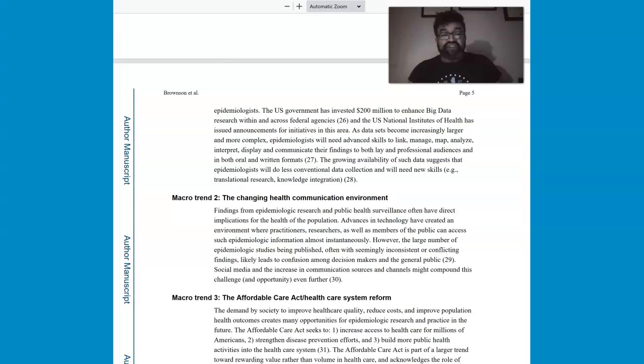Macro trend number 2, the changing health communication environment. Of course, there are direct implications for the health of the population, how surveillance is being conducted. But with the large number of studies being published, they get conflicting findings. So a lot of times social media is confused.